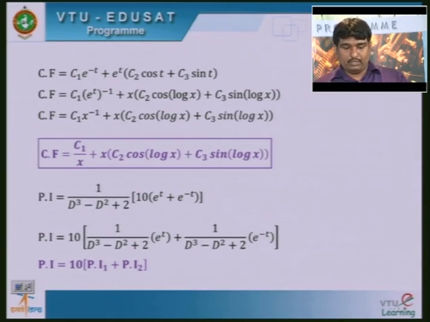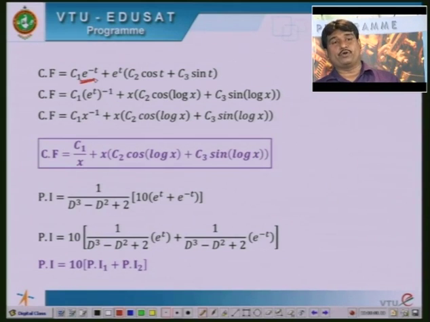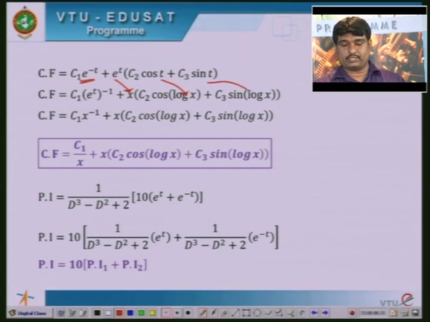By the same law of indices, I have written e to the power of minus t as e to the power of t whole to the power of minus 1. This e to the power of t is x, and t is log x. So the CF is C1 by x plus x into so and so. This is the complementary function.